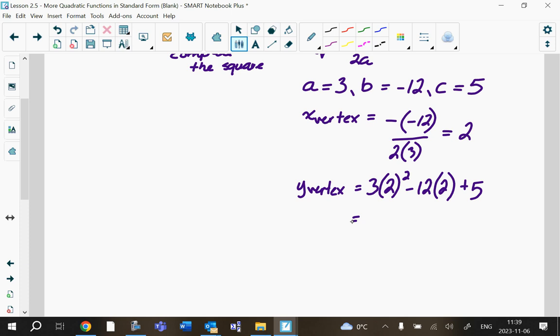I thought I heard 12 or 36. Really? Order of operations. And then times 3. So 12 minus 24 plus 5 equals negative 12 plus 5, negative 7. So we got the vertex. It's 2, negative 7.